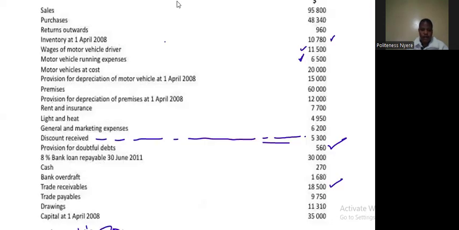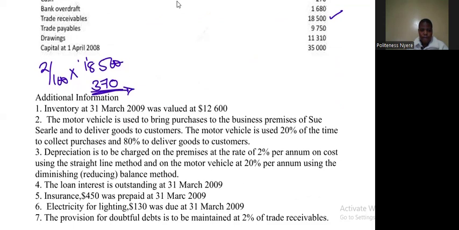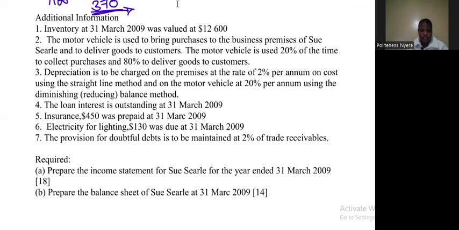Then the next one is light and heat. Let's check if we have any adjustments. We have electricity for lighting, 130 was due. If it was due, it means we have to add it.